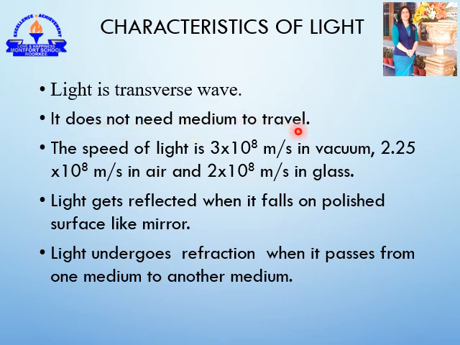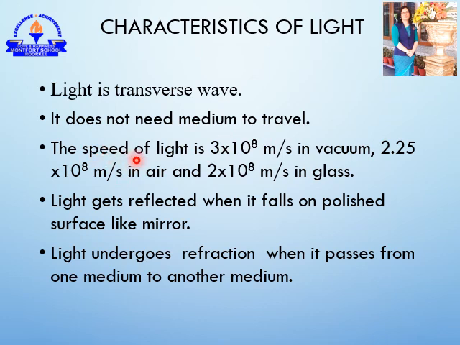You might have seen that the light coming from sun comes on earth, and in between sun and earth there is no medium. Even then we can see the light reaching on the surface of earth. Hence it does not need any medium to travel.